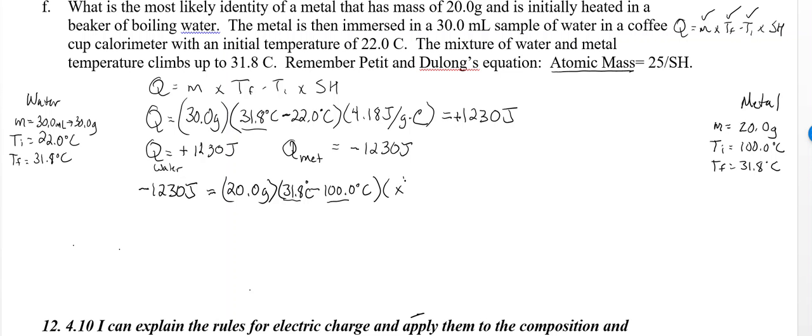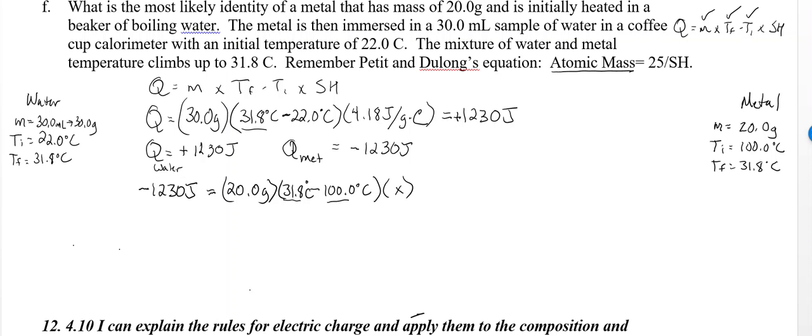All right, gang. Algebra. You guys are all in Algebra 2, trig or higher. This should be something you can do. What is negative 1,230 divided by 20 divided by the difference there, which, did you notice, would have to be negative as well? This should give you a decimal.